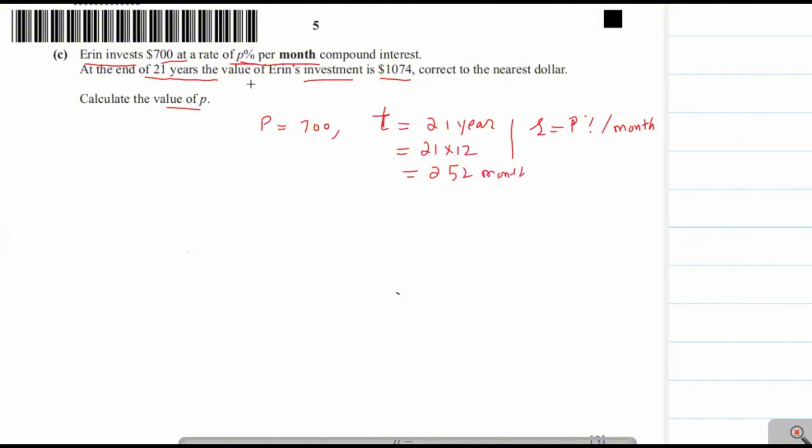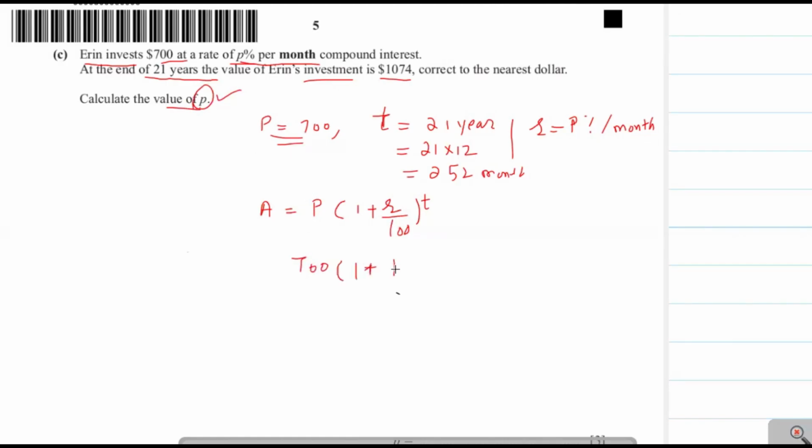And we have to calculate the value of P, and we will use the compound interest formula. This is the amount in compound interest, A equal to P into 1 plus R over 100 whole power T. This P is the initial value or principal amount. This is 700.